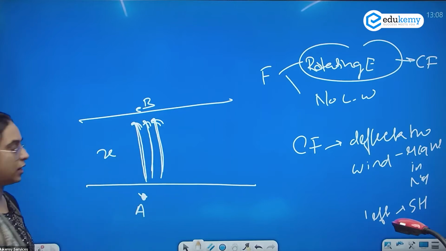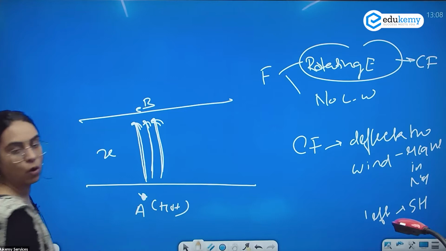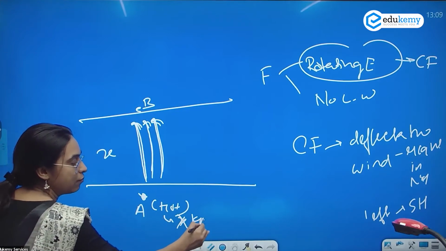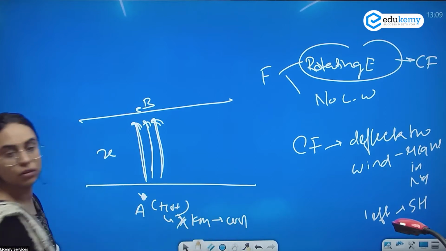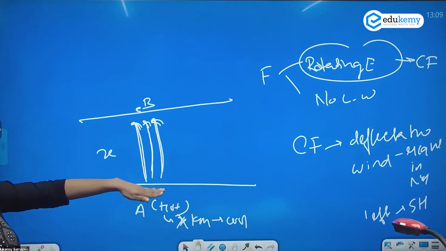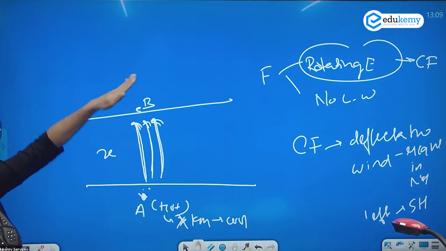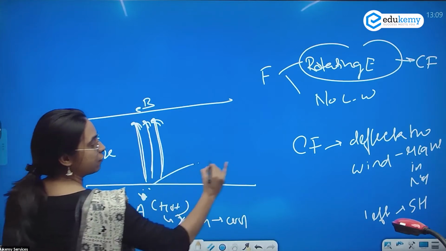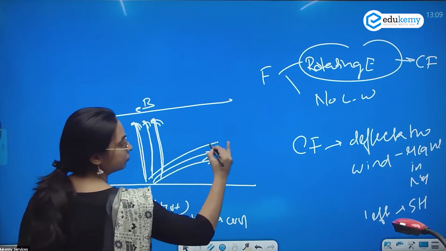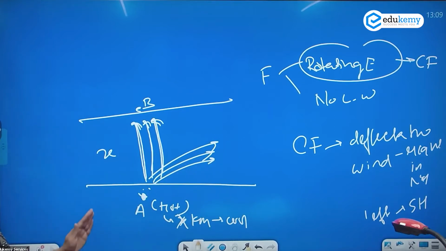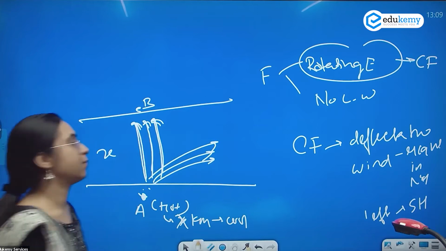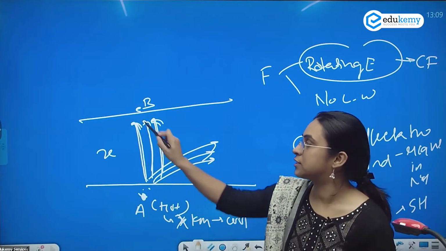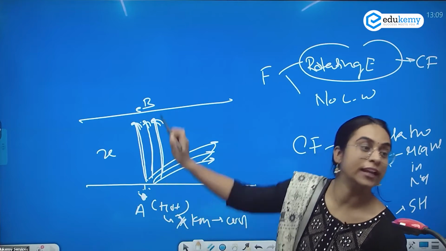Okay, अभी क्या समझना है? This is a hot wind. If the hot wind covers let's say X kilometers, it will become cool. The wind is moving from A to B. As it covers the X kilometers, it will become cool. If the winds get deflected, always understand the principle: the shortest distance between 2 points is a straight line.